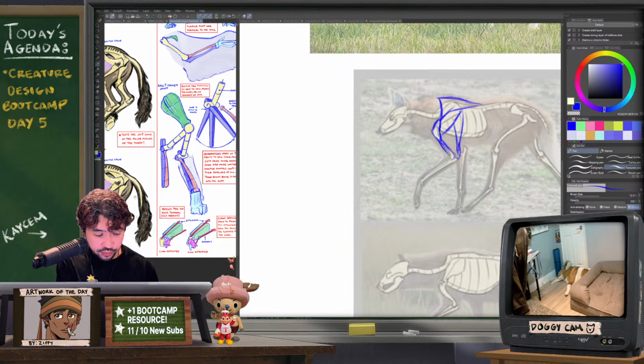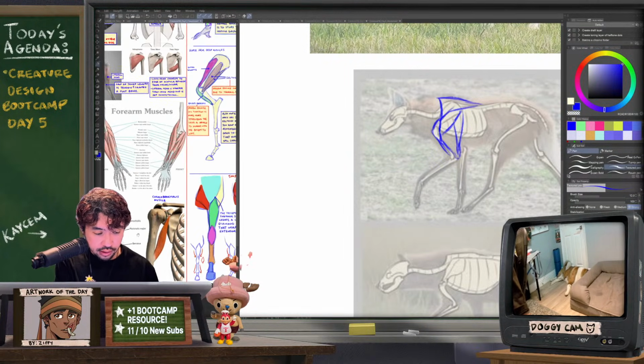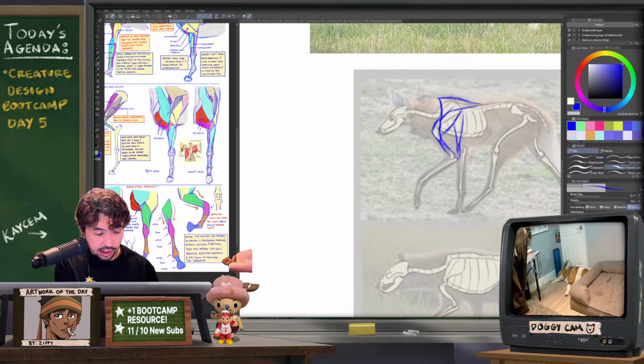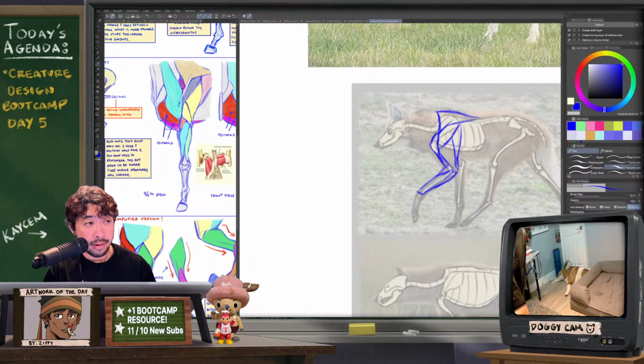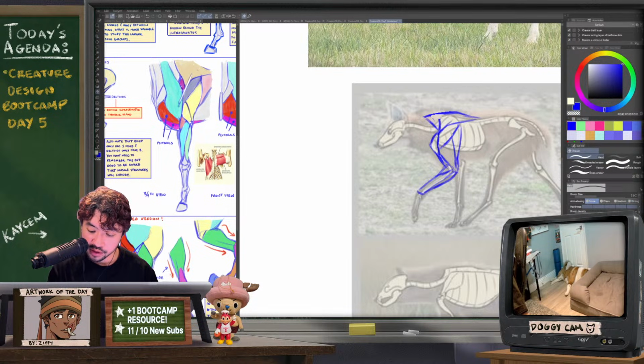And actually here, we can move it so that you guys can see a little bit there, right? And then we have the extensor muscles, the flexor muscles. And then, actually, just like horses, the neck muscles are going to be very, very prominent. And actually, matter of fact, this one should actually be further up because it's got a lot of fur and stuff.